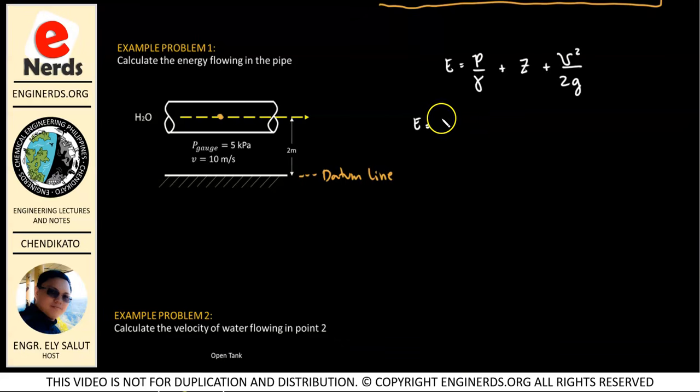So we have 5 kilopascal over our unit weight. Our unit weight is the unit weight of water. The unit weight of water is 9.81 kilonewton per cubic meter. So yan ang unit weight ng water.